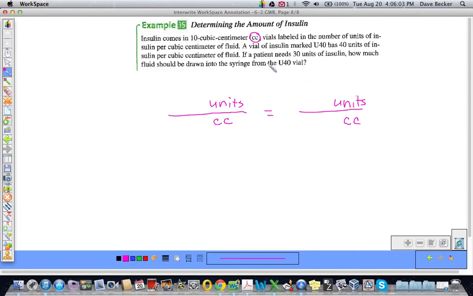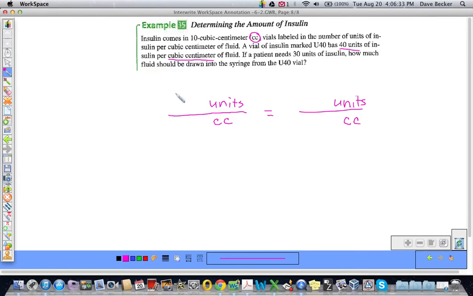The question is, if a patient needs 30 units of insulin, how much fluid should be drawn into the syringe from the U40 vial? And this might be a little confusing if you don't know that cc's, cubic centimeters, is a way in which they measure the amount of something being drawn into a needle or into a syringe. Well, I know that 40 units of insulin come with 1 cubic centimeter.